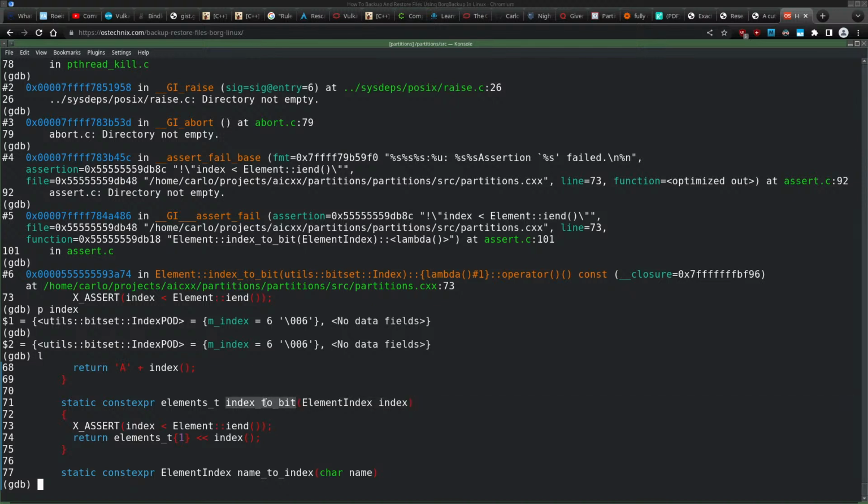You cannot convert an index to a bit. At least that would not make any sense. So we go up.